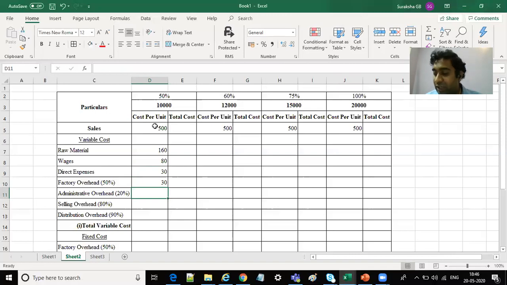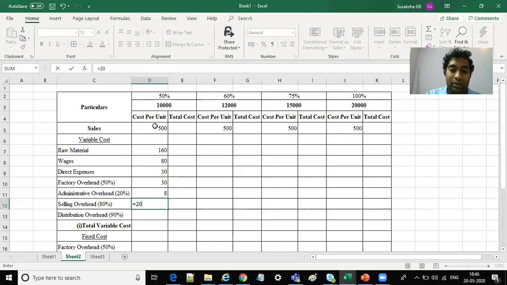Next, administrative overhead is given as 40 rupees in the problem. So 40 rupees into 0.2 is 8. Selling overhead is given as 20 rupees. 20 into 80%, that is 0.8. Next, distribution overhead is given as 10 rupees.